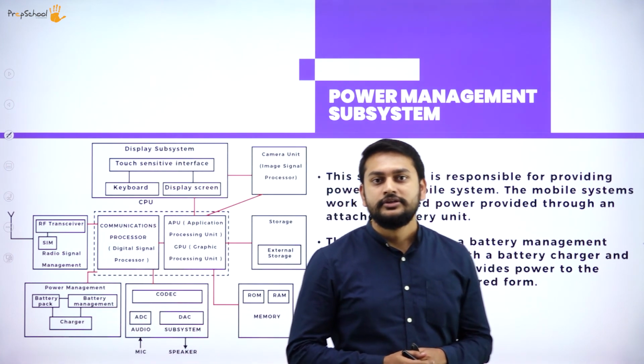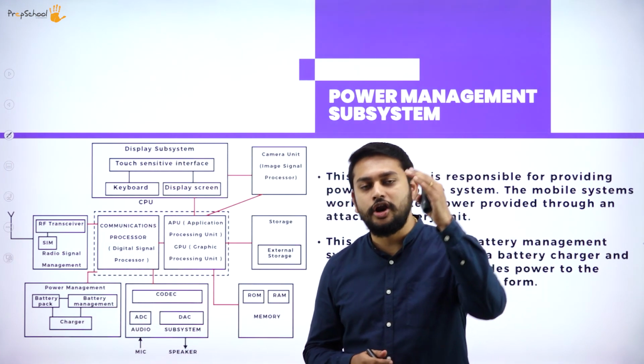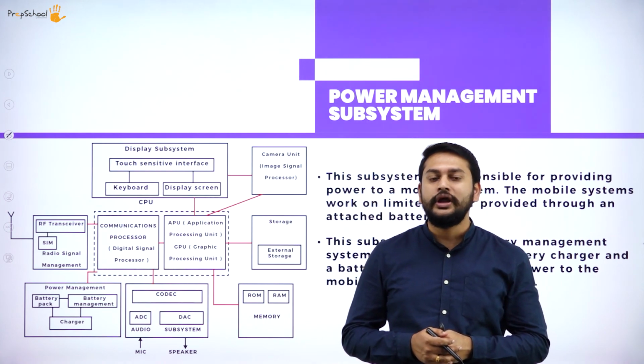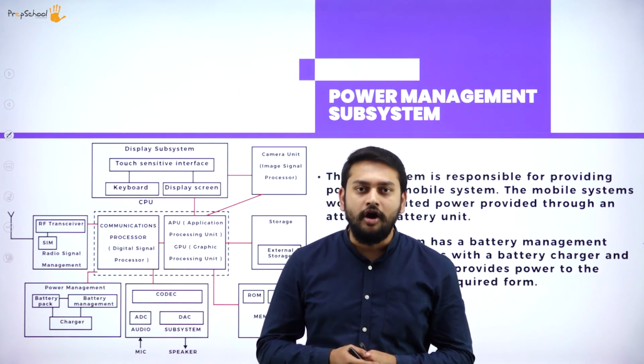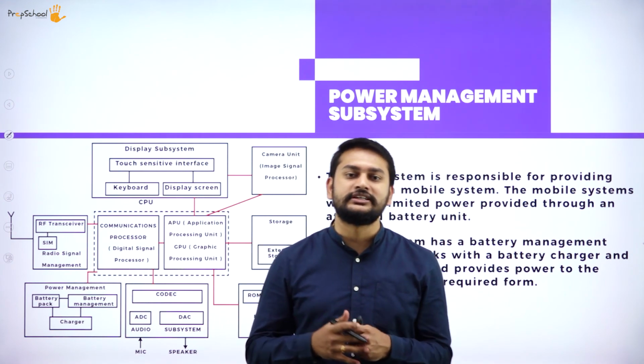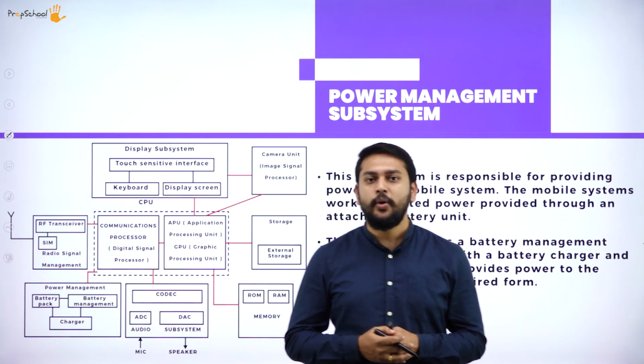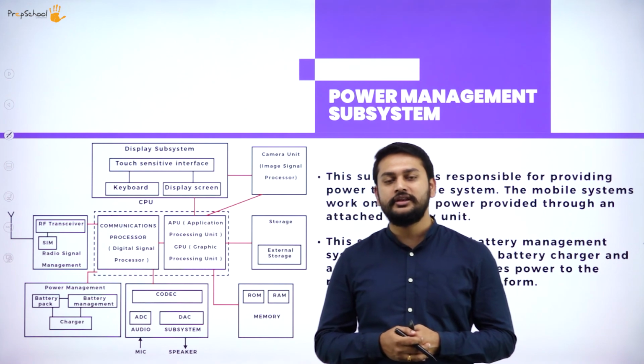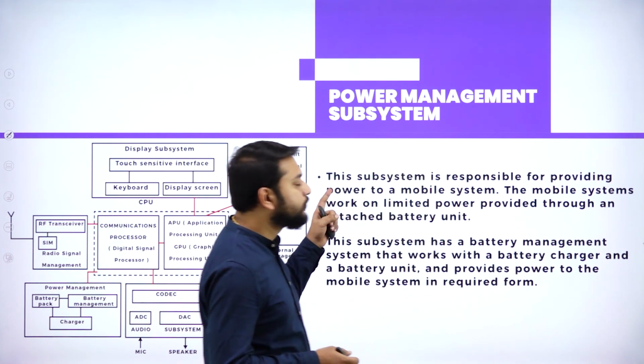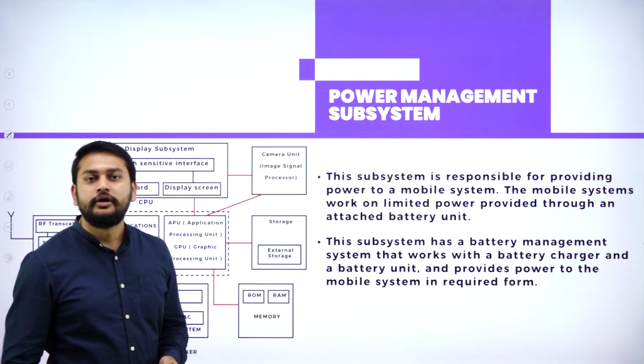In fact, if good signals are not reaching your phone, it has to spend a lot of power searching for signals. So all the power management will be taken care of by the power management subsystem, is what you need to remember.